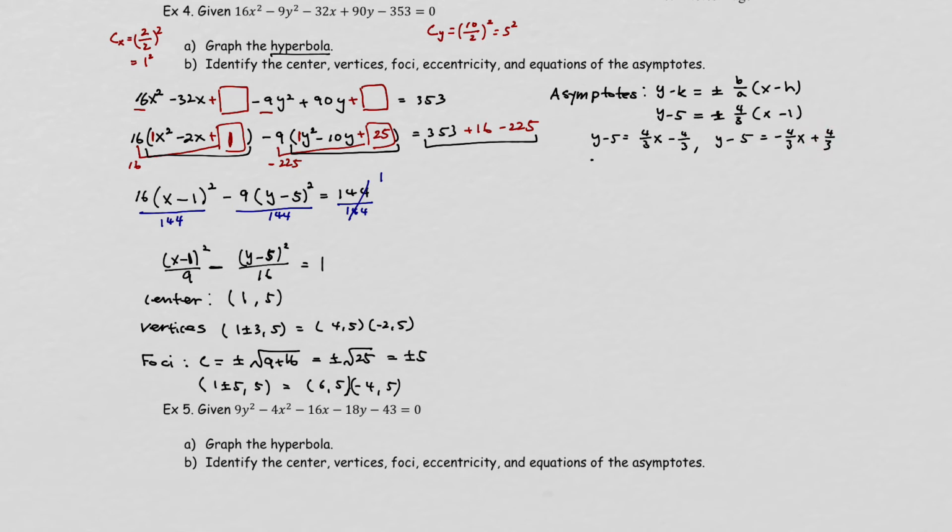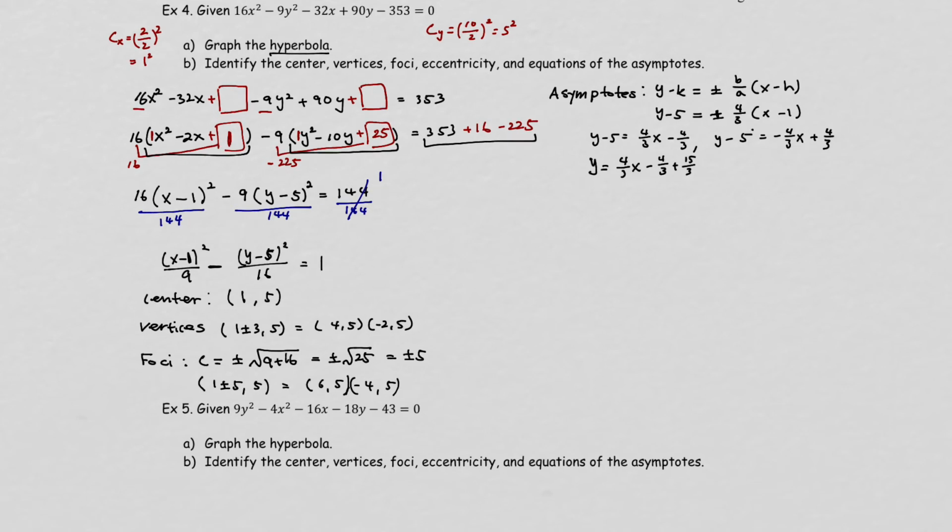And when you simplify this, you're adding 5 to both sides. So in order to get rid of negative 5, you're adding 15 over 3.